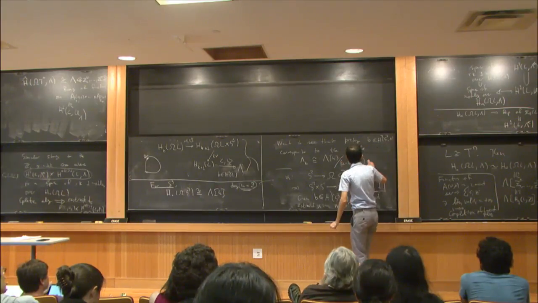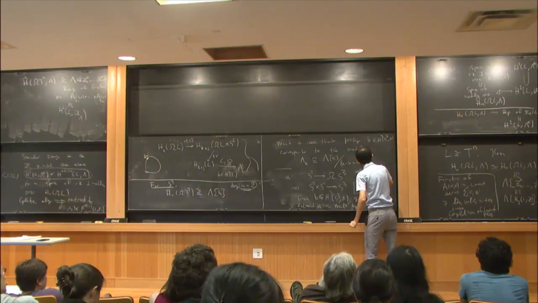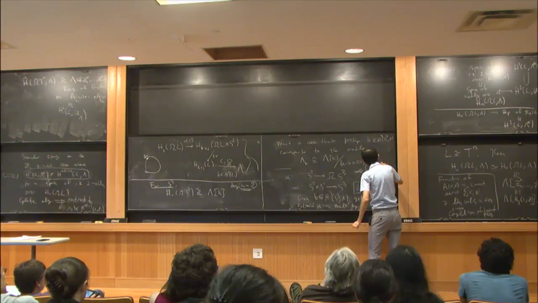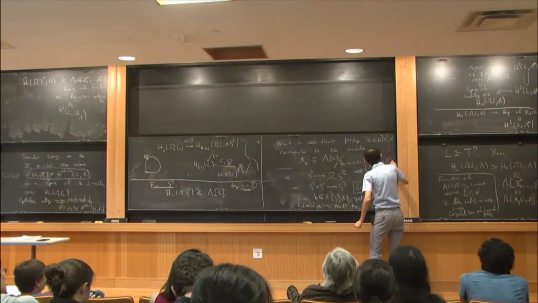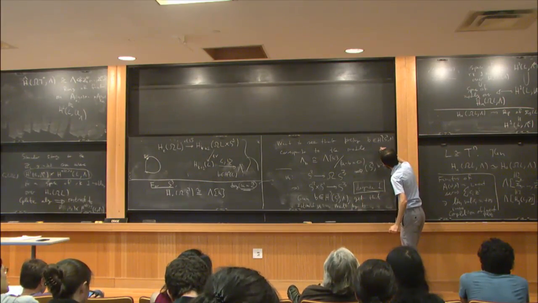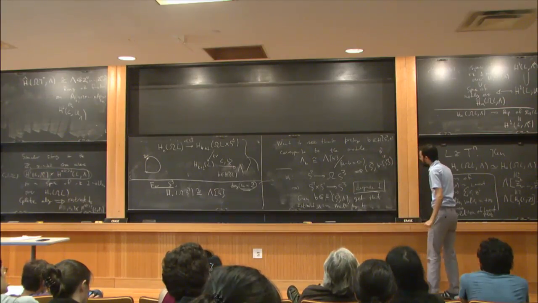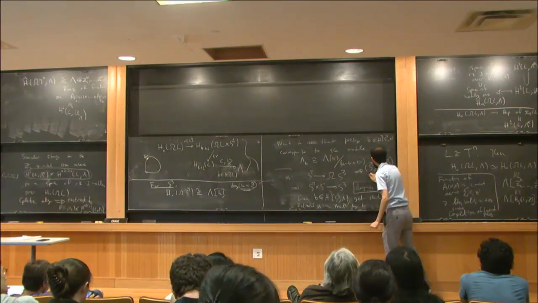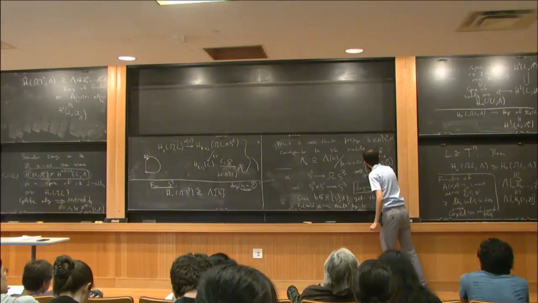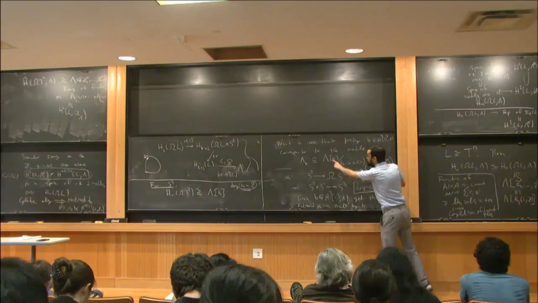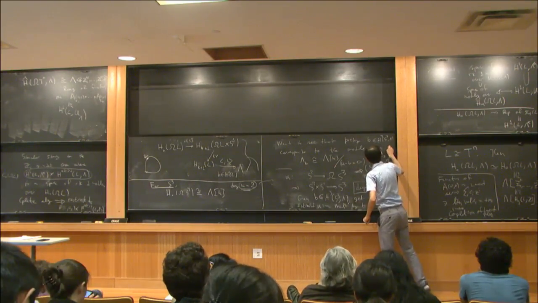So the pair S3 equipped with b times the fundamental class of S3, where I abuse notation and think of this as an element of H3, corresponds to the module I wrote over there, lambda b.